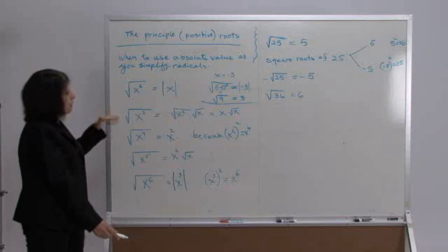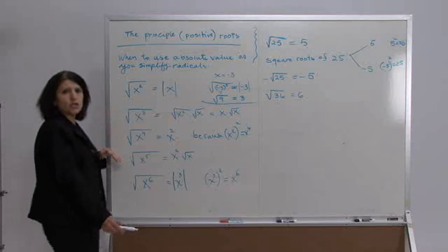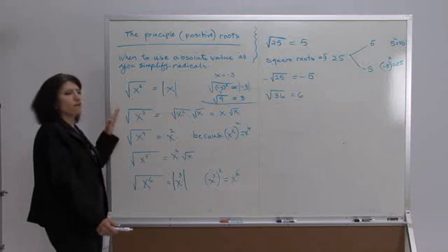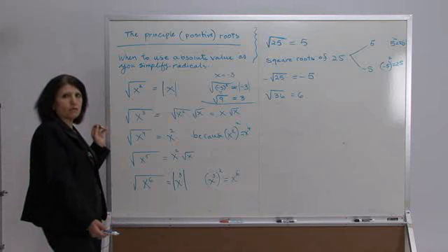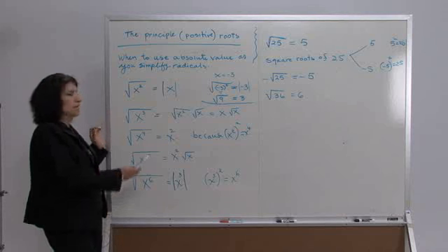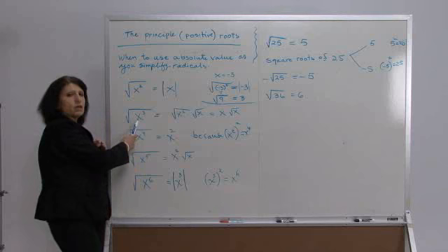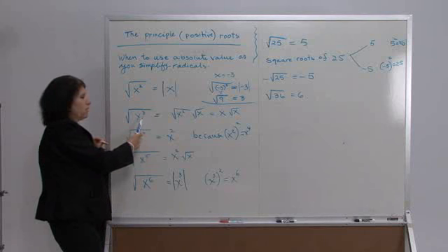So for every problem you simplify, if the instructions say to assume that the variable is any real number, you've got to assume it could be negative. And then you've got to investigate the case. If it was negative here, would my radicand be negative? And if so, then we're not going to assume that it can be negative, otherwise we can't simplify it.